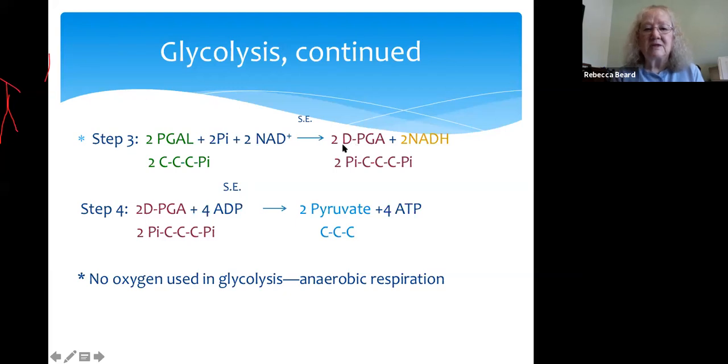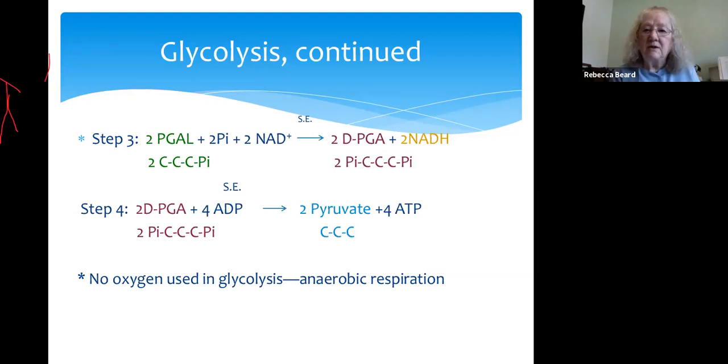So this new compound is going to look like this. It's got 2 phosphorus, 3 carbon molecules, and then we've got the NAD molecules that have taken away some of the hydrogen molecules from our original molecule over here.